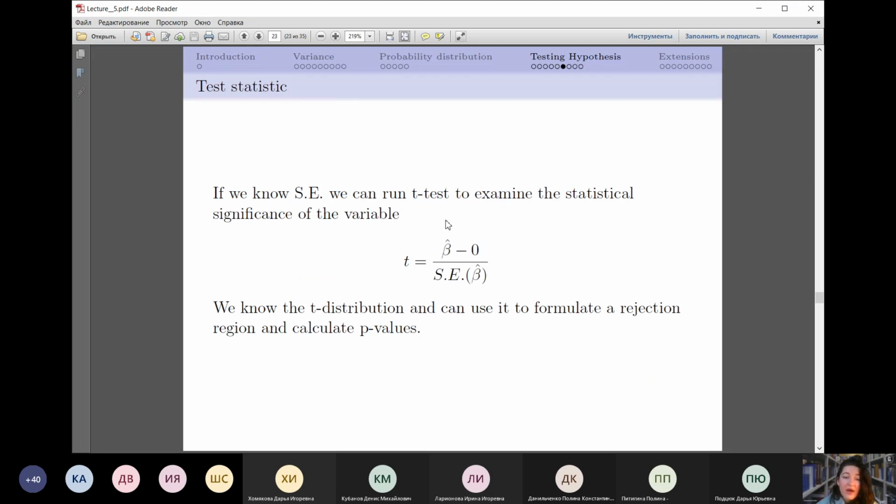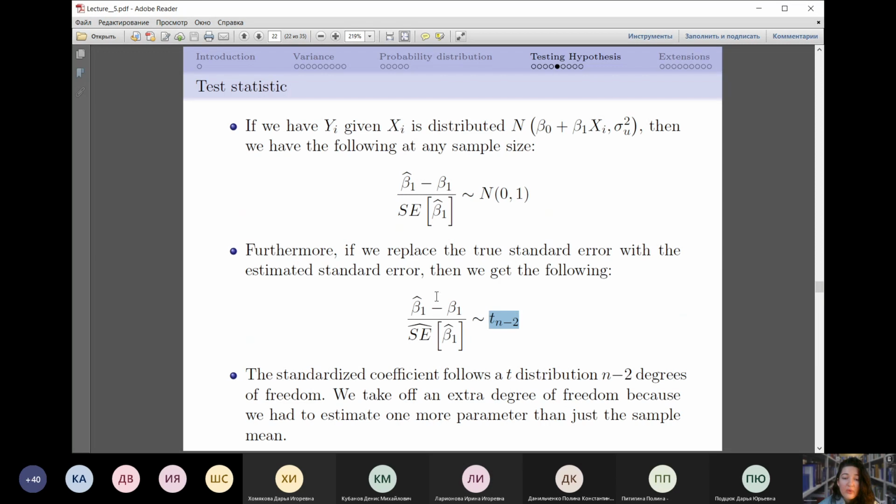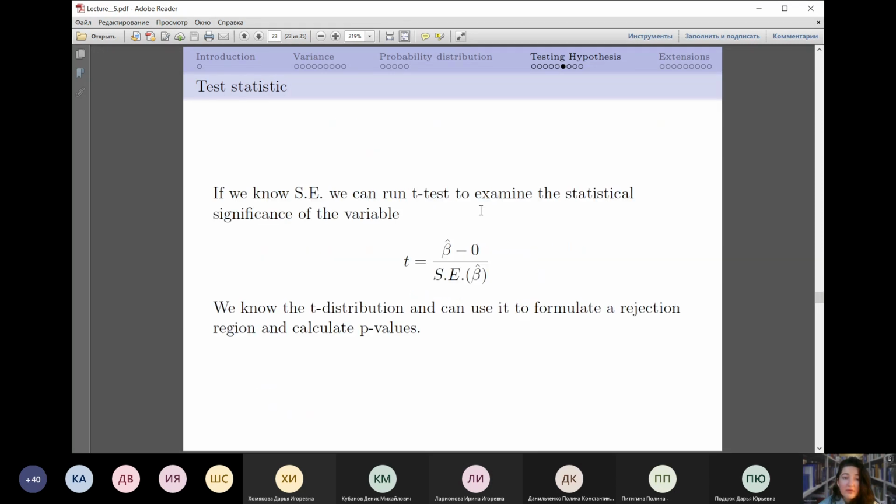If we continue our example with the null hypothesis, where we test that our coefficient equals 0, it means statistically significant or not. So we can rewrite this formula like this one.